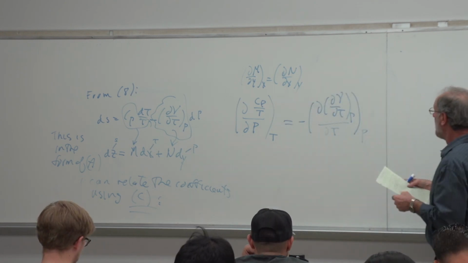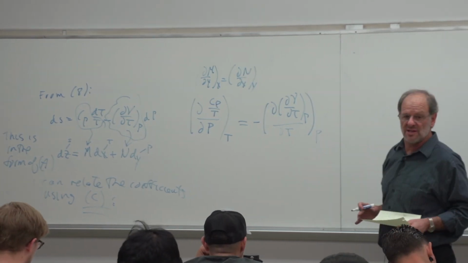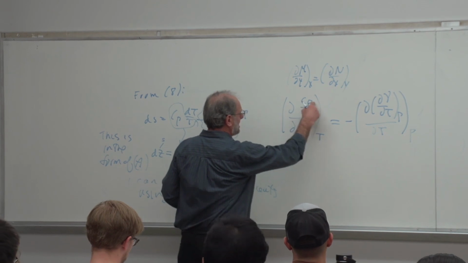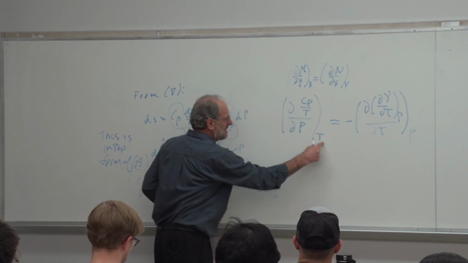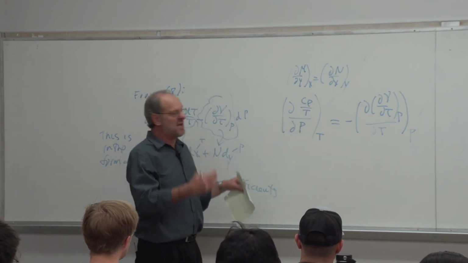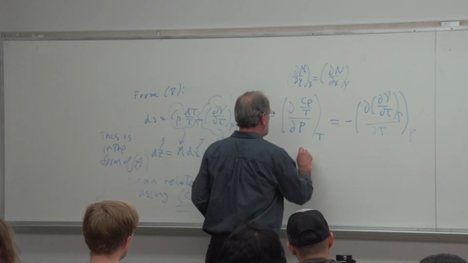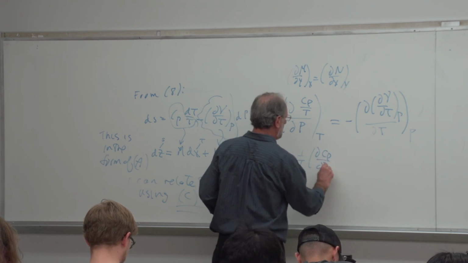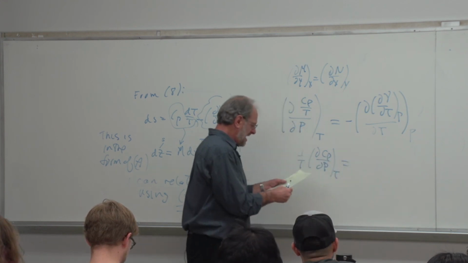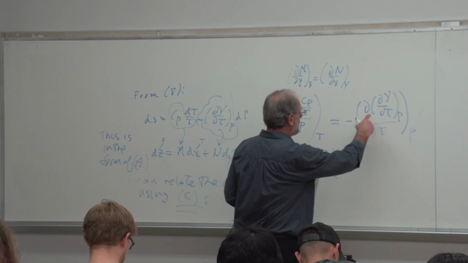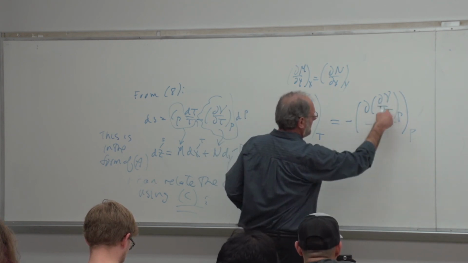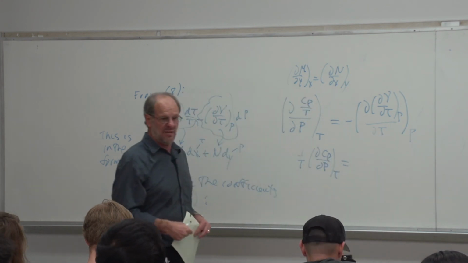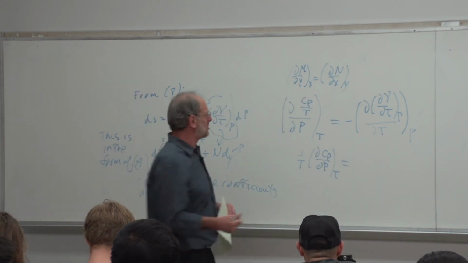Okay. Now I might note that we can modify this pretty easily. First of all, we would recognize that ∂(Cp/T)/∂P, if T is constant, well, the T is constant, it just comes right out of the differential. So we just have 1 over T of (∂Cp/∂P)_T. And then on the right-hand side, we would note that (∂V/∂T)_P, and then you further take a ∂/∂T at constant P. Well, this is now just the second partial derivative.